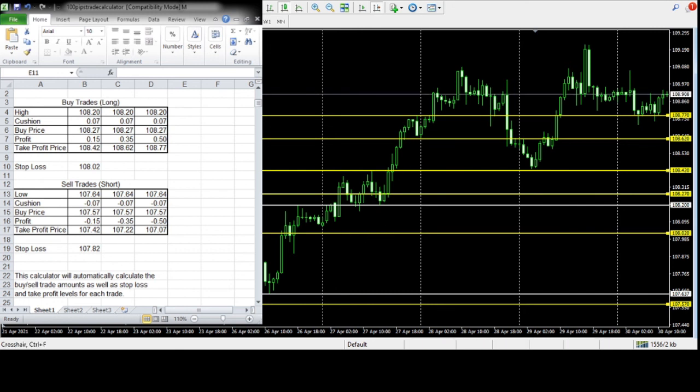So let's check the stop loss. The stop loss is 25 pips. Okay. So that is that about this.